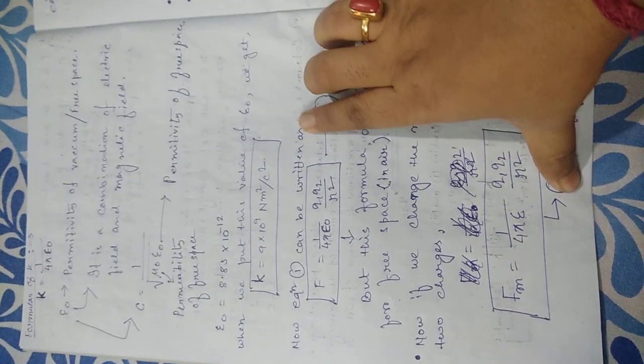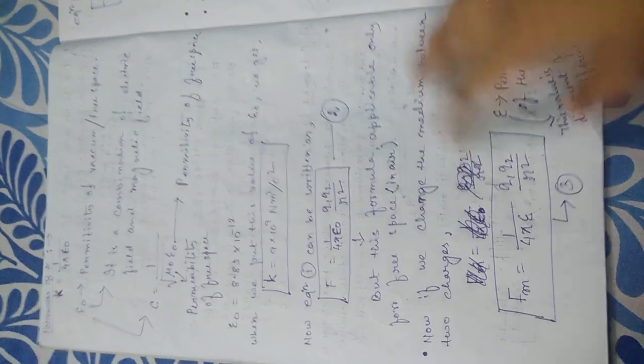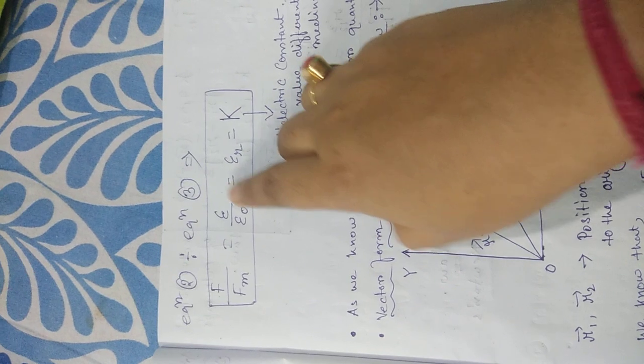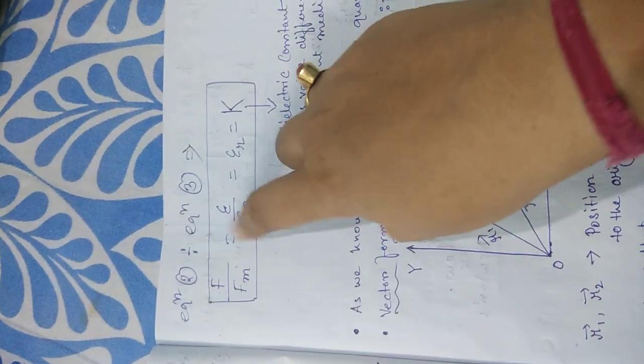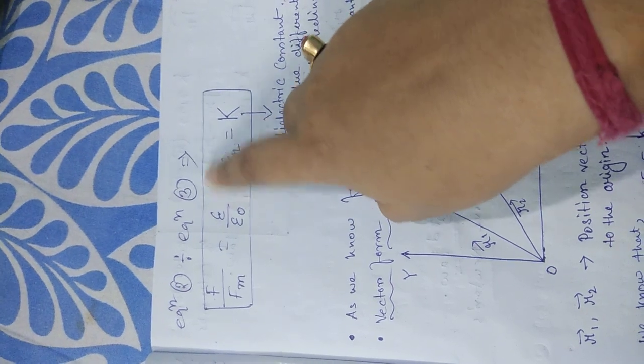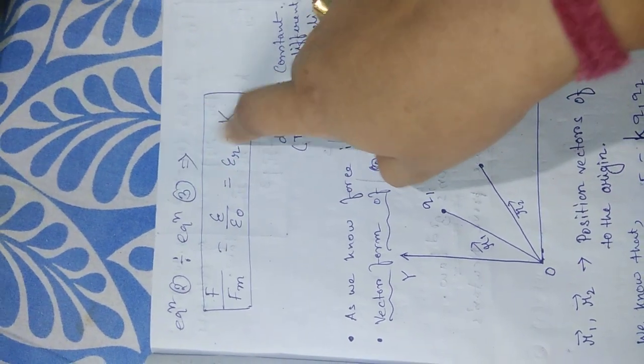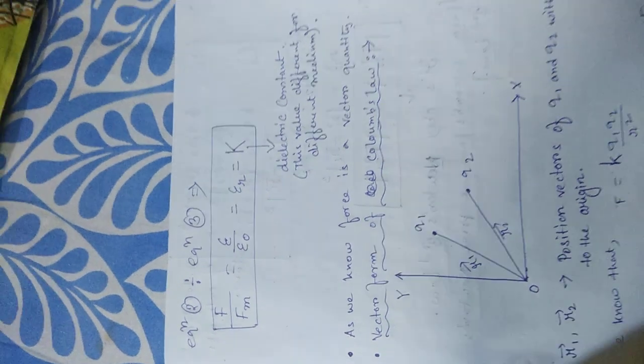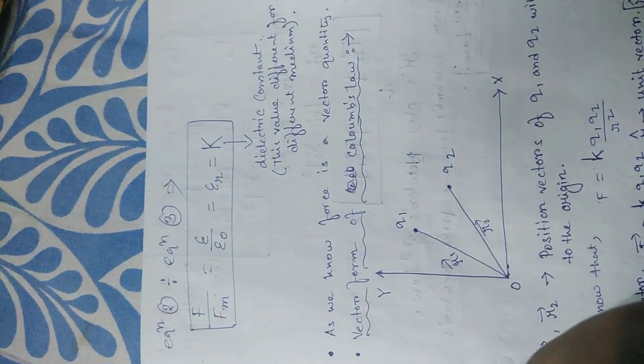Now if we divide these two equations, equation 2 and equation 3, what do we get? F by F_m equals epsilon by epsilon naught. This ratio is written over here as epsilon r, and this is denoted by capital K. That's why in that space we write the small k.